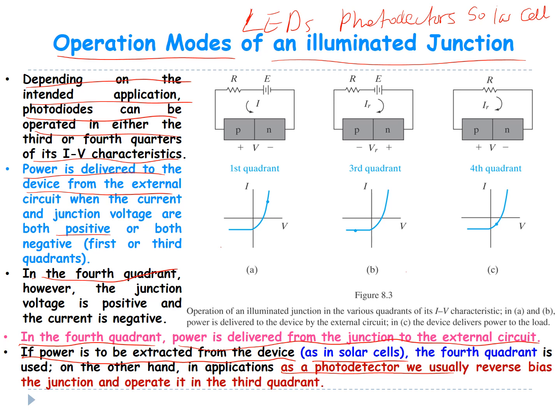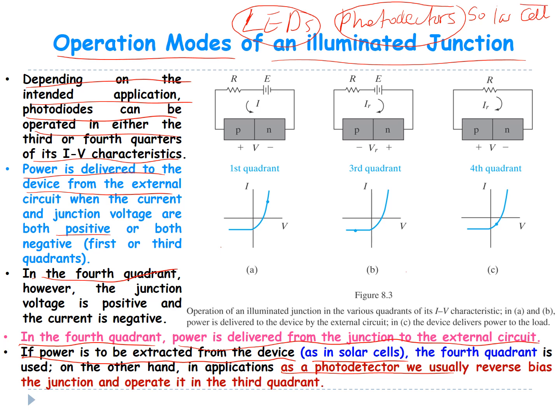Okay, so we want to know the quadrant that we should use, or the bias conditions for our PN junction for us to achieve LED operation. And we also want to know the bias conditions for our PN junction to operate as a photodetector.